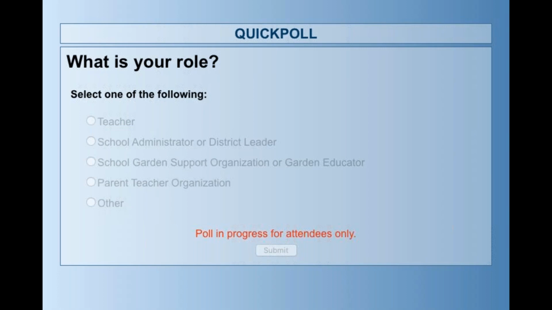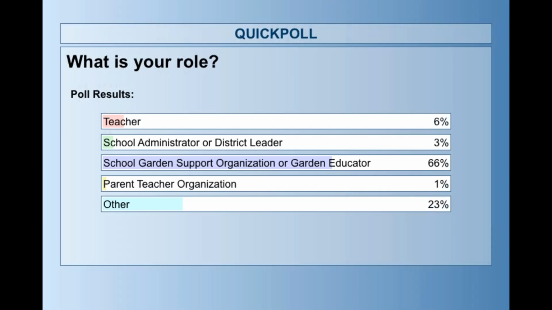I'll give you just a little bit of time to let us know who y'all are. Great. So just to share, it looks like the majority of people here are from a school garden support organization or are garden educators, followed shortly by just an other category. So it looks like we've got a fun group of people here.